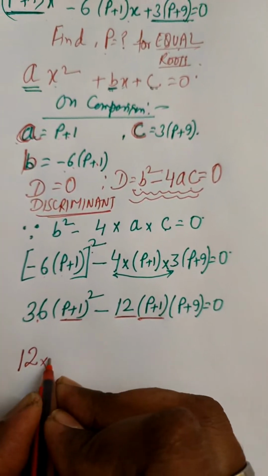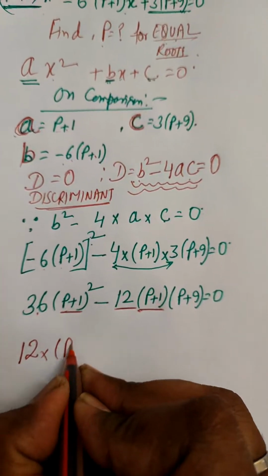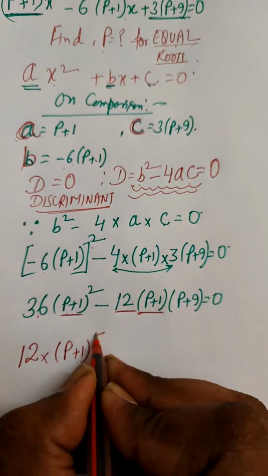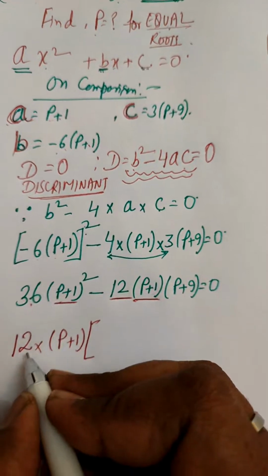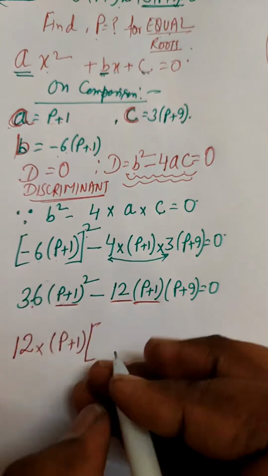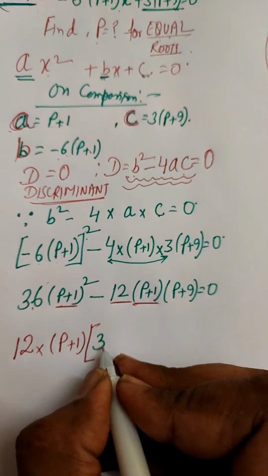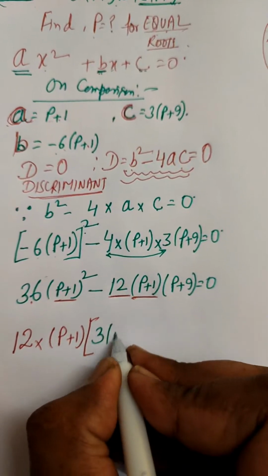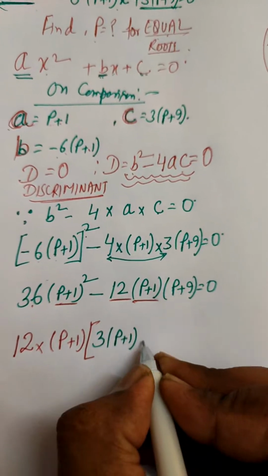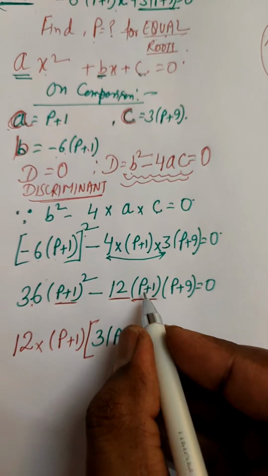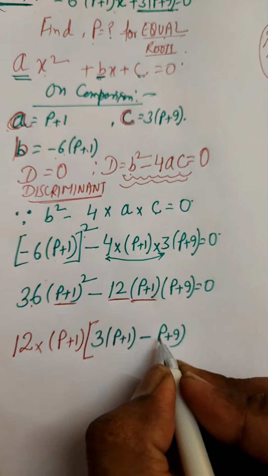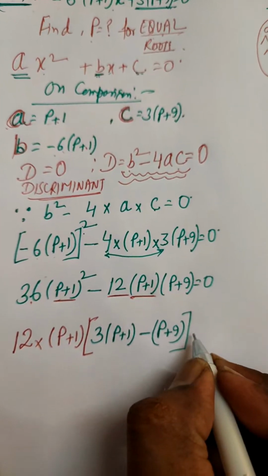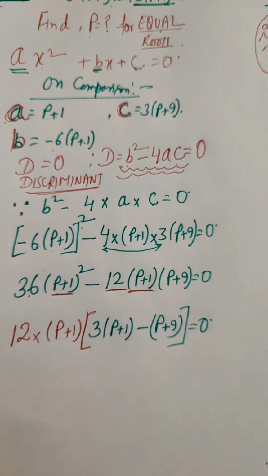So let us do one thing, take common 12 times (p plus 1), and we are left with what? Here from 36, 3 will be left, 3 times (p plus 1) is left, minus (p plus 9), isn't it, equal to 0.